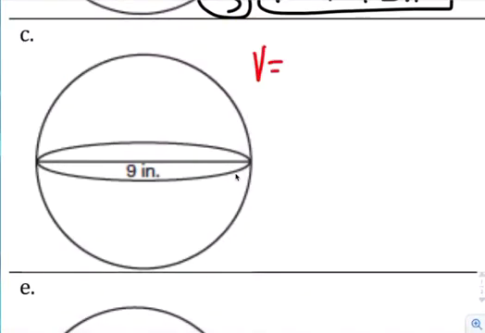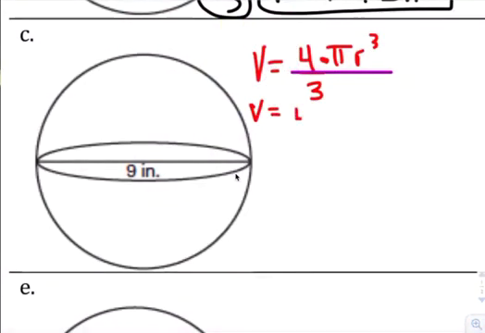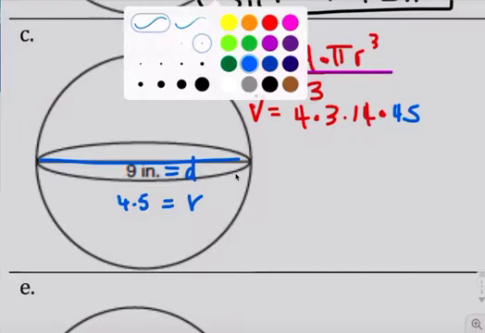Volume equals 4 over 3 times pi radius cubed. That's the formula of a sphere. Because it's over 3, I just put divide like this. So volume equals 4 times 3.14 times the radius. This is called a diameter because it's the whole thing. The radius is 4.5, so it's 4.5 cubed.